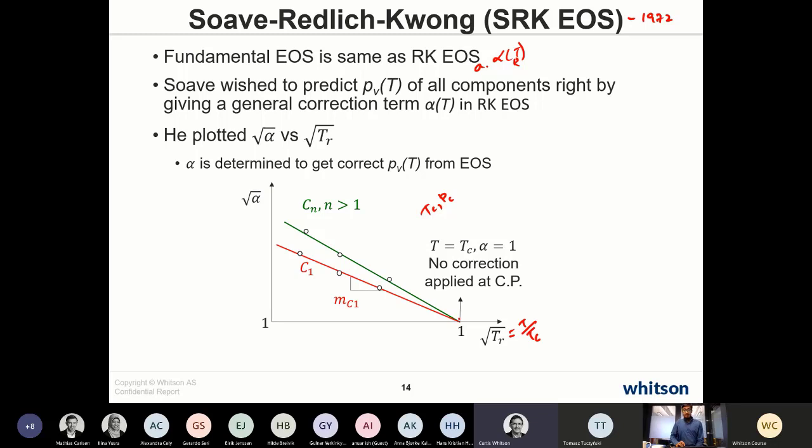he found this relationship between the correction term alpha and reduced temperature, basically plotting square root of alpha versus square root of reduced temperature, which produced a linear trend.